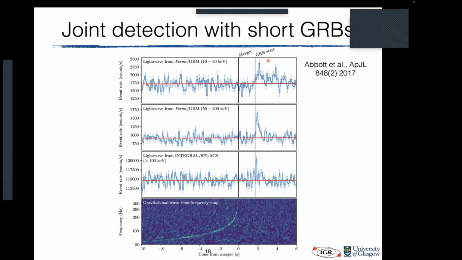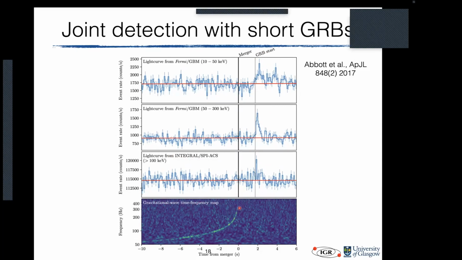And they see the signal here, and they see very clearly, much more clearly, the signal here. And not just in Fermi, but also in INTEGRAL, which is another gamma ray observatory. They see a peak as well, and it all corresponds to roughly 1.7 seconds after the binary neutron star merger, okay?